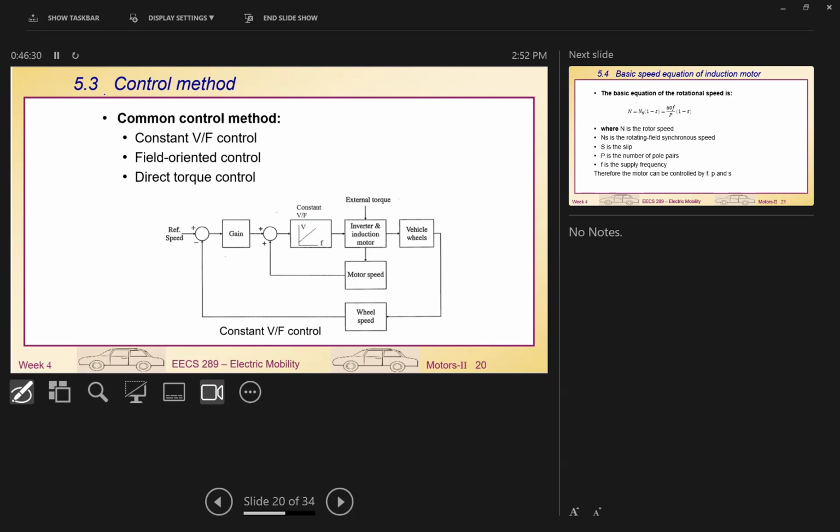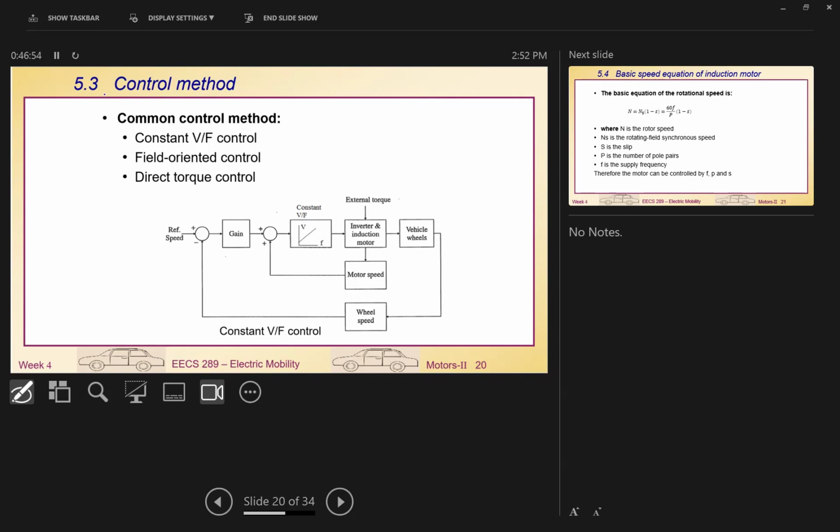So for instance, your motor is running at 120 volts. You're using 60 hertz. This ratio must be kept constant all the time to ensure the motor has best performance. So that means 60 hertz is a rotation speed of 3,600 RPM.